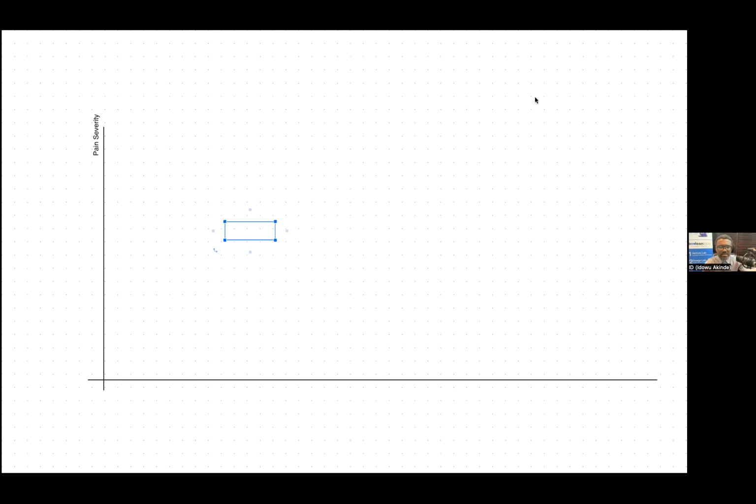Let's call this, just for simplicity's sake, let's say that we call this market size, okay? It's not exactly accurate to call it the market size, but let's call that the market size, okay?